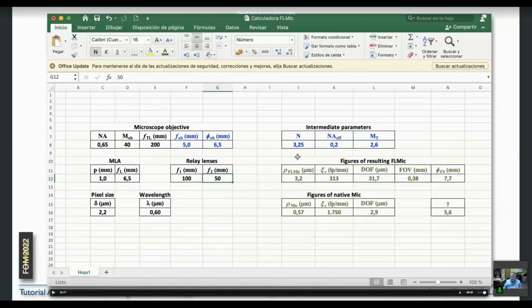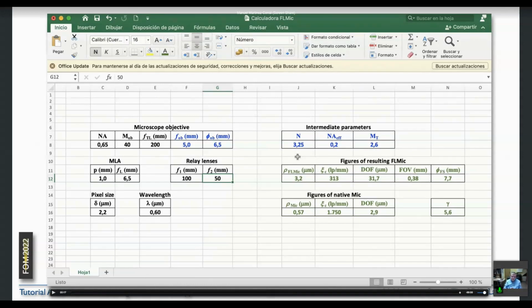But I think that you don't need to have in your stock a big collection of microlens arrays. You only need to have, let's say, 1 or 2 or 3. And you can change the focal length of the relay or something like that.